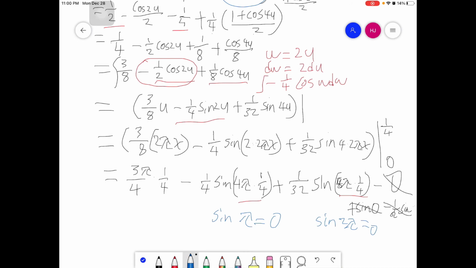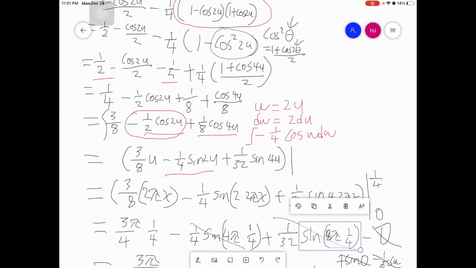So it would be 0 times 1/4, which is 0, and 0 times 1/32 will be 0. So in the end, the integral would be 3 pi over 16.